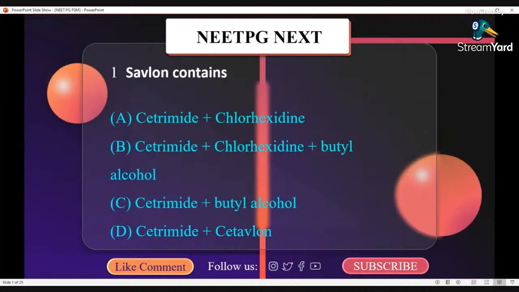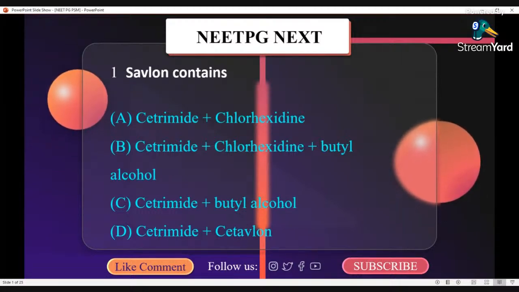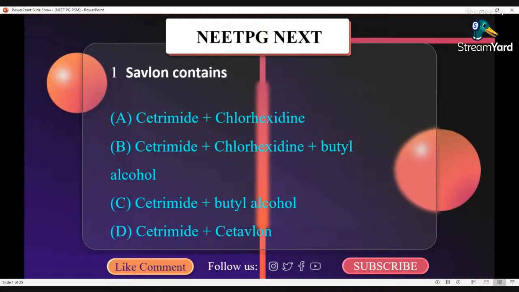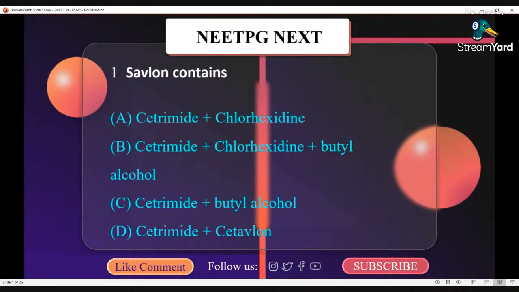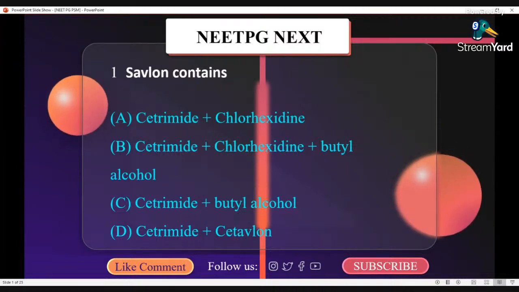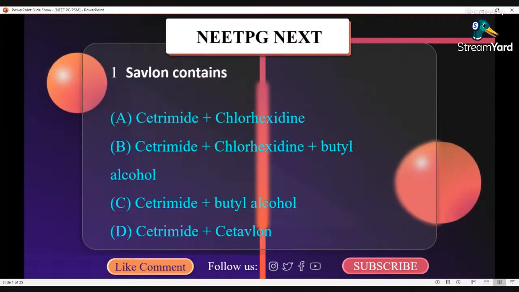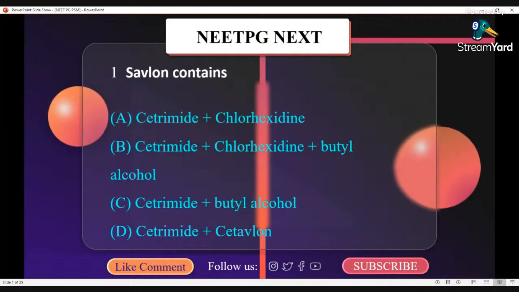So let us begin with the first multiple choice question. Savlon. Savlon contains A. Cetrimide plus chlorhexidine, B. Cetrimide plus chlorhexidine plus butyl alcohol, C. Cetrimide plus butyl alcohol, and D. Cetrimide plus cetavlan.